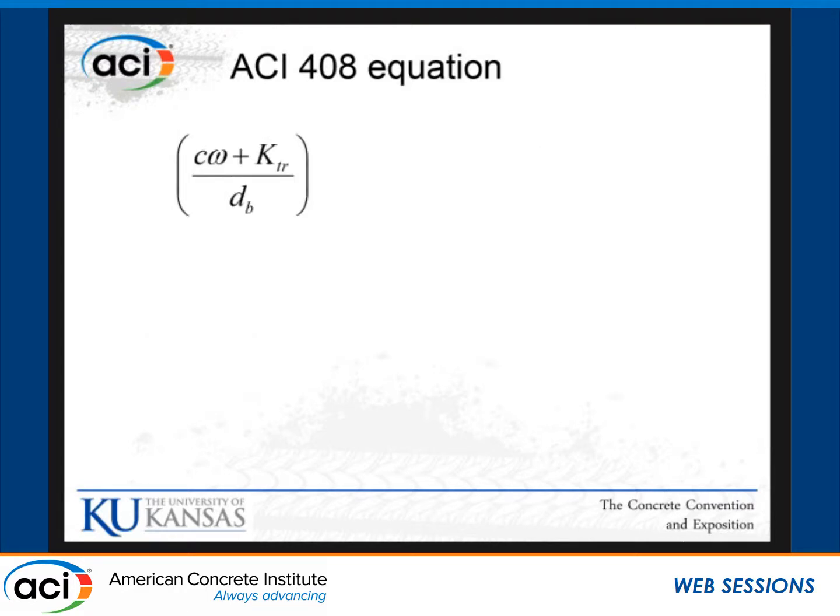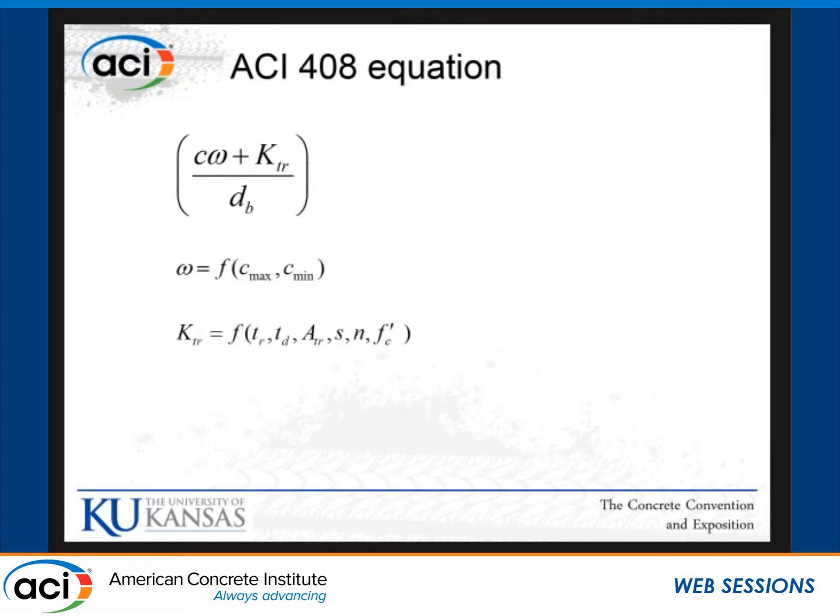The confinement term consists of the effect of the cover, spacing, area of transverse reinforcement, and diameter of the bar. The spacing is a function of maximum spacing and minimum spacing.